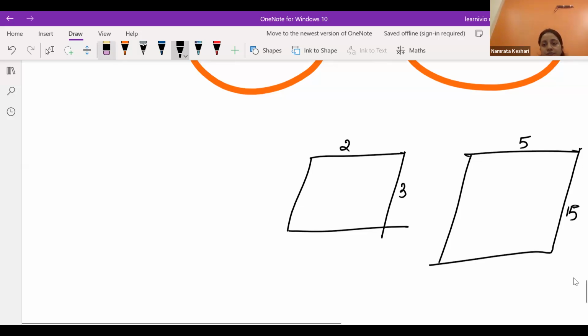Wait, this one is 4, this one is 6. This one is again 2, this one is 4, and this one is again 3, this one is 6. This is how the measurements are given.